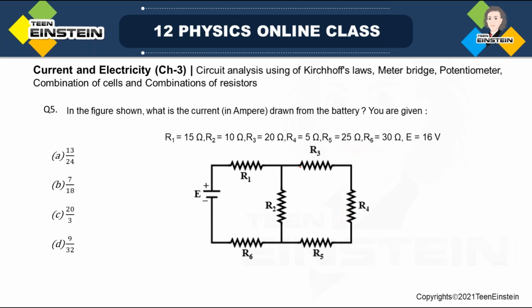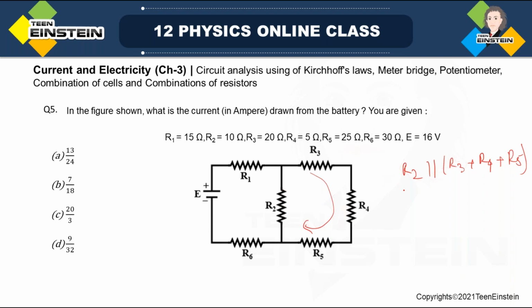It will be a very simple problem. If you look at this R2 branch, this guy is in parallel with the whole of this, right? So R2 is parallel to R3 plus R4 plus R5.